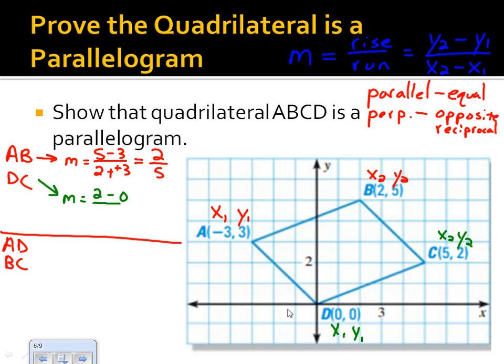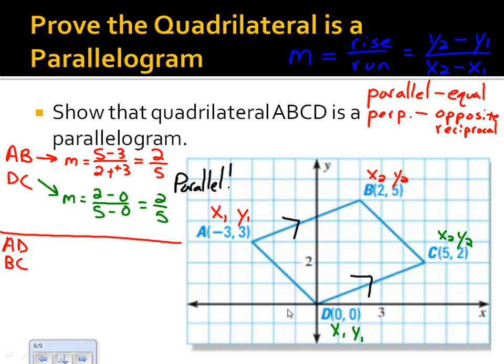Over x minus 0, 2/5. So what can we say about these two lines? Not congruent. Their slopes are equal, so they are parallel. So these two are parallel. So we've got one. Does that make sense how we did that?